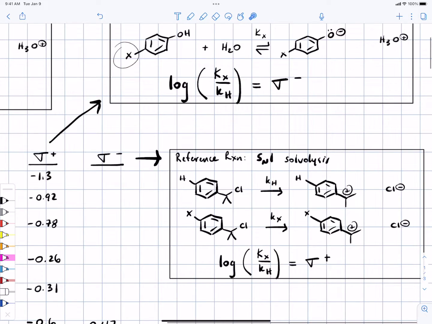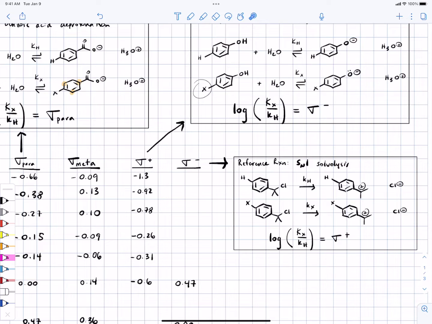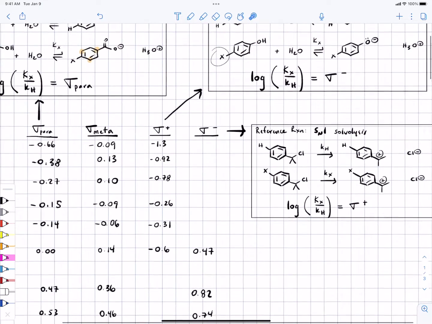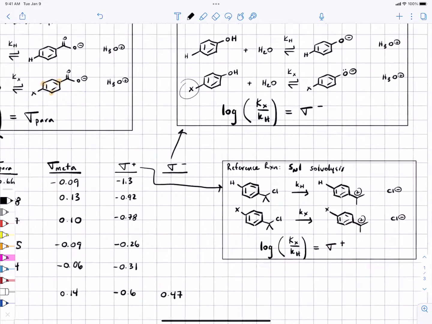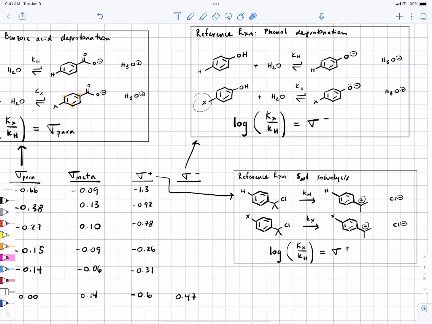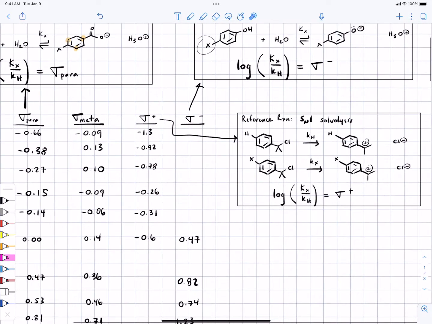I think I got this exactly backwards. Yeah, sorry, the arrows should be so stabilizing a negative charge here, stabilizing a positive charge here.